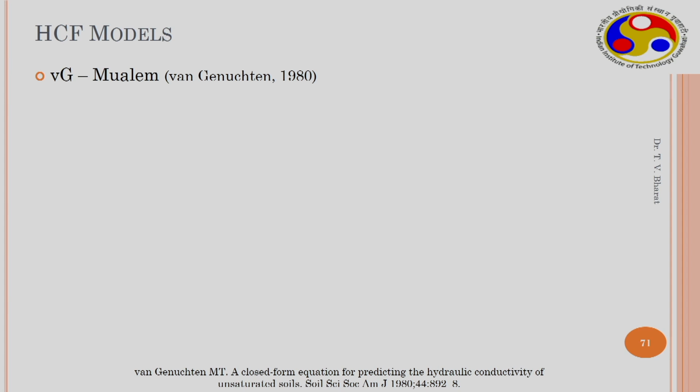So let us see one such derivation for hydraulic conductivity function determination using SWCC, where the van Genuchten model is combined with the Mualem expression, then you get analytical expressions for hydraulic conductivity functions. So once the SWCC parameters are available, directly we substitute these parameters to obtain the hydraulic conductivity function.